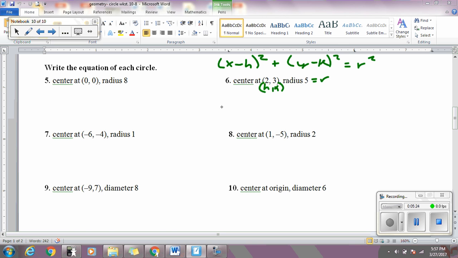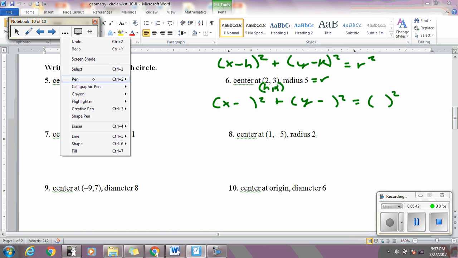Now, I'm going to write everything over except for h and k and r. And then I will substitute the values where they belong.